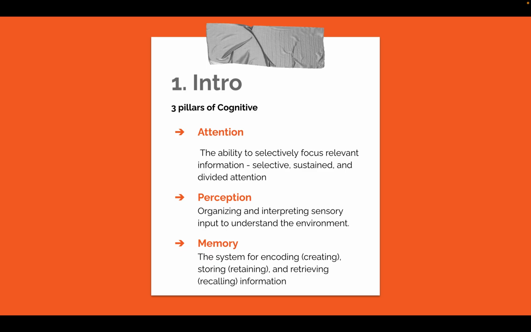And lastly, memory. I think memory is a really good one. The system of encoding, such as creating or storing, retaining, and retrieving information, such as recalling. I would say, in a way, it kind of reminds me of deja vu moments.